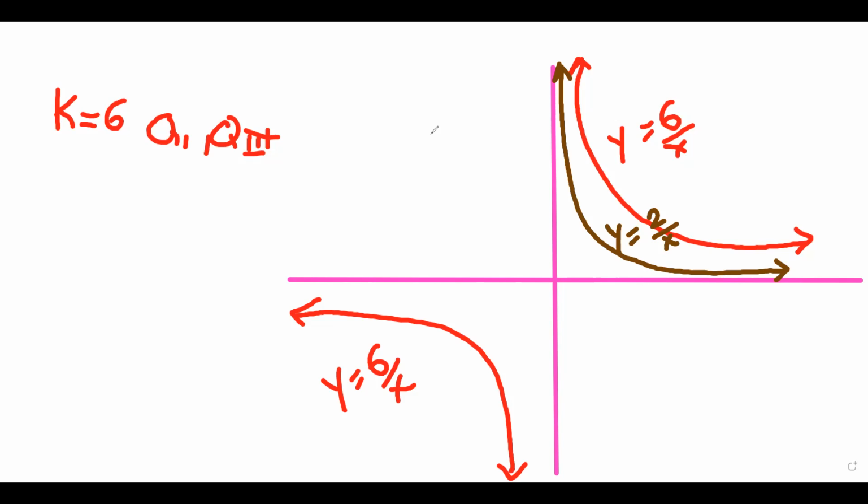So if y is 2 over x, it is in quadrant 1, and you need to draw its mirror in quadrant 3. So here y is 2 over x. Is it clear now?